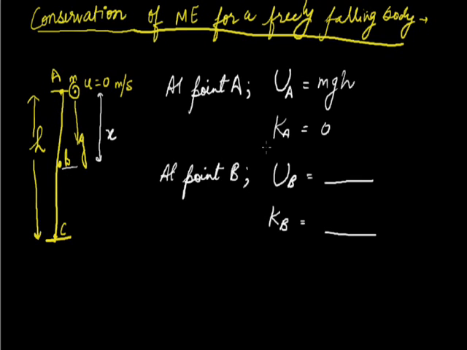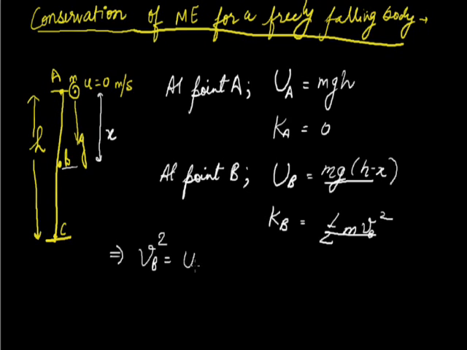Because the height is h minus x, we can say the potential energy at point B is mg(h minus x). The kinetic energy is half m v_B squared, and for the velocity at point B, we can use the third equation of motion: v_B squared is equal to u squared plus 2gx, as the initial velocity was 0.